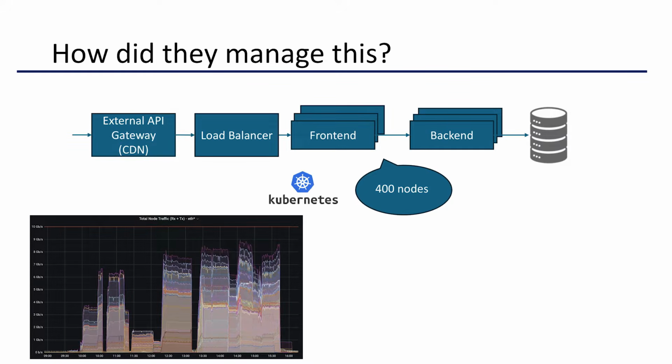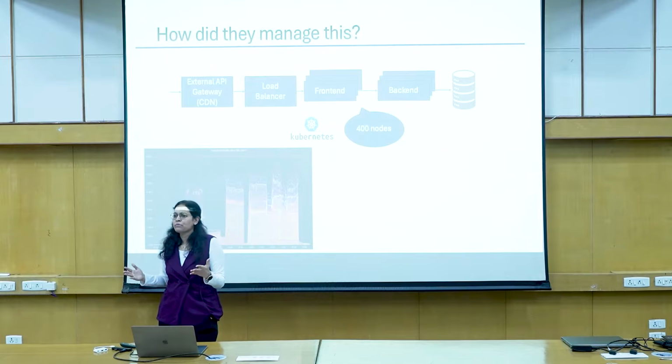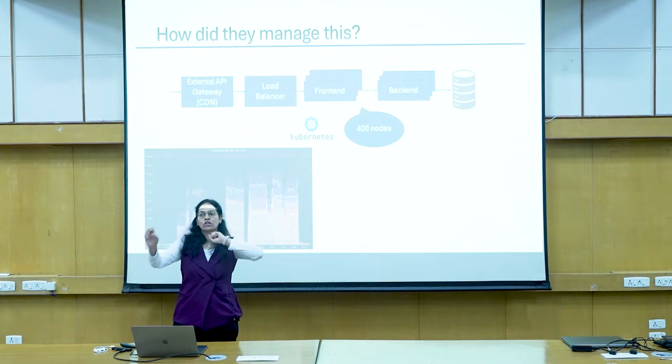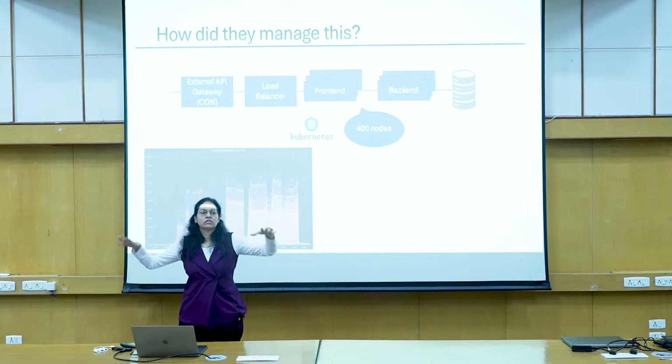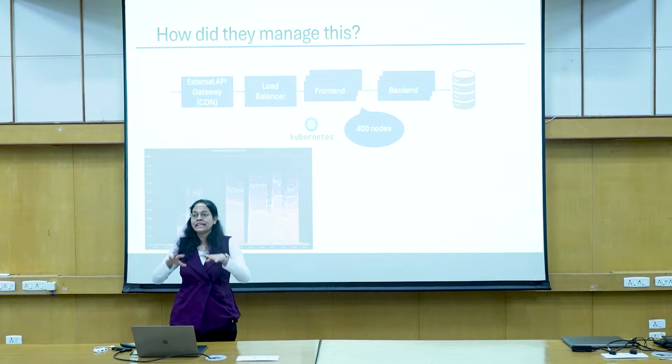But what they saw was, once traffic was coming in, they monitored the traffic and saw there was a lot of uneven traffic going to these applications. They measured the traffic and thought this is not good, because some nodes are getting huge traffic and some nodes are not getting good traffic. We should see how we can even out the traffic going to these applications. And that's where they thought they would have to scale evenly.